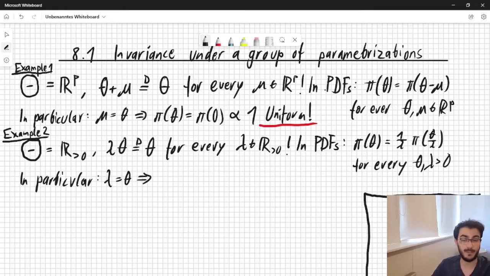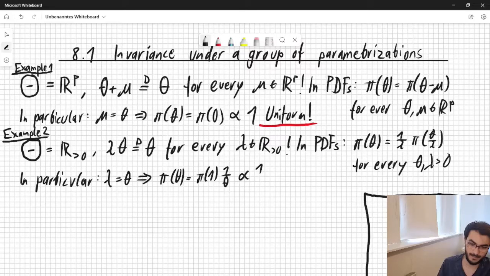But this time we have that pi of theta is equal to pi of 1 times 1 over theta, which is proportional not to 1 but to 1 over theta. And that's not the uniform distribution.